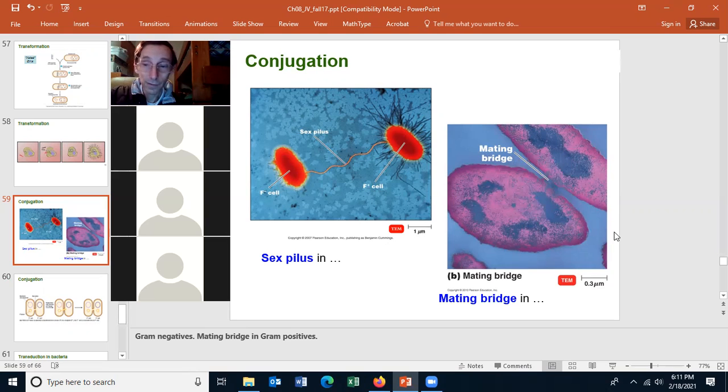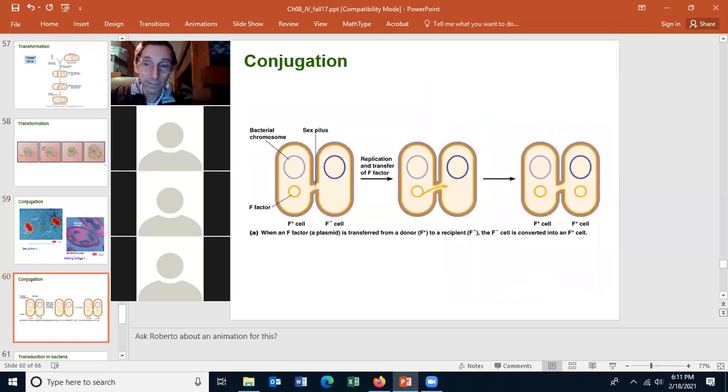If not, let's look at conjugation in a little more detail in gram-negatives. The sex pilus from this cell skewers this cell and then brings the two cells closer together. The sex pilus is hollow, and this cell has the F plasmid in it. It's called the F factor.